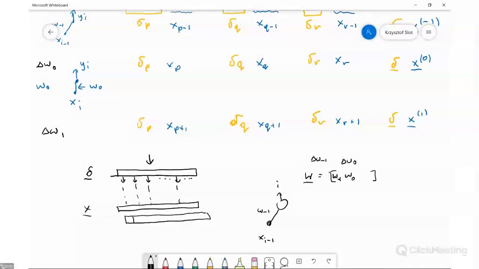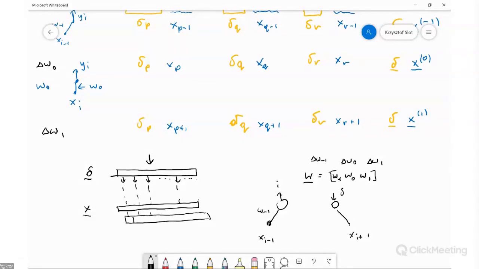So I can do it exactly if I compute a dot product of projected errors and input shifted to the right.